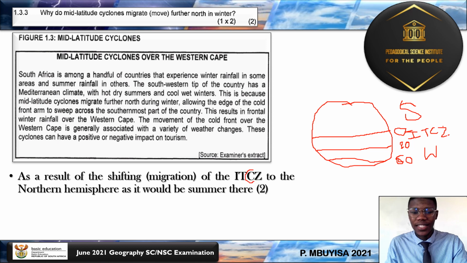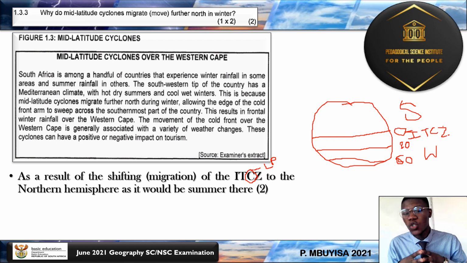And which pressure systems are associated with convergence? Those are low pressure systems. And since low pressure systems are associated with convergence, it means that your ITCZ will always go to the hemisphere where it is summer or where the low pressure systems are dominating in terms of your monsoon winds.